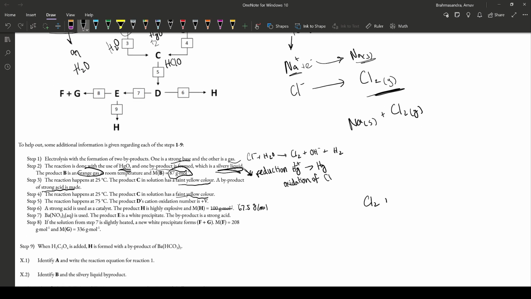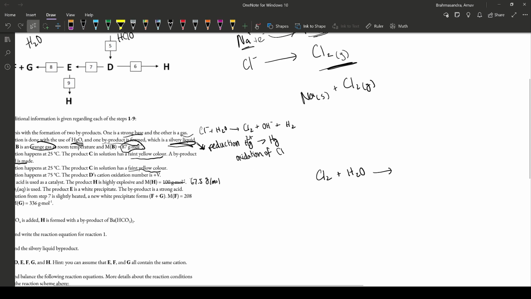If we have Cl2 plus H2O, we can react this and see that this forms HCl and HClO. So this forms a strong acid and our hypochlorous acid, and you can see that we have 2 chlorines on both sides, and we have balanced oxygens and hydrogens on both sides.